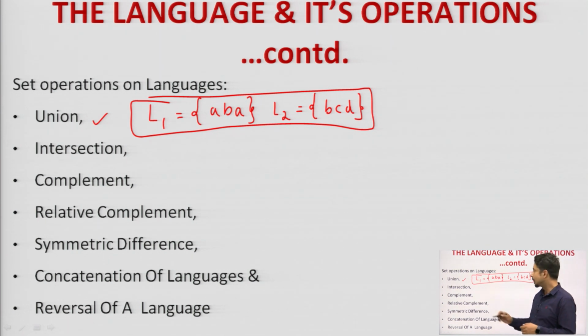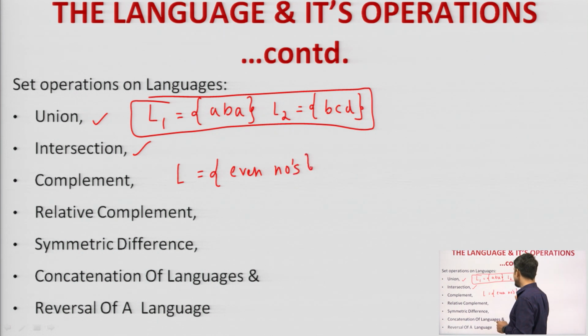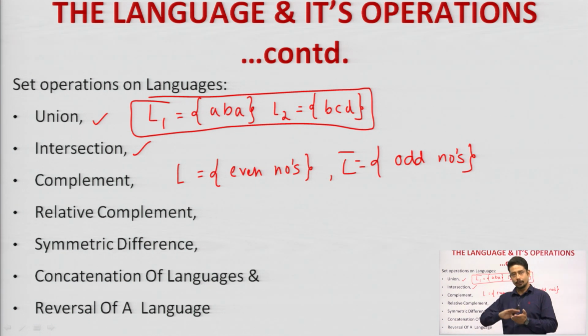That is as simple as that. Complement, what is the meaning of complement? Suppose L is a language of even numbers, or length equal to even, then L complement will be just vice versa, odd numbers, that is it. So, complement means vice versa.